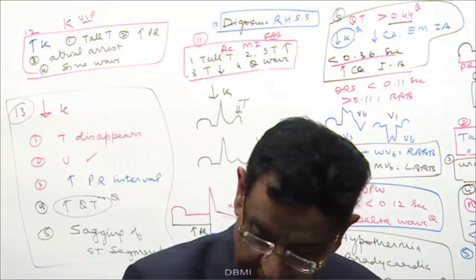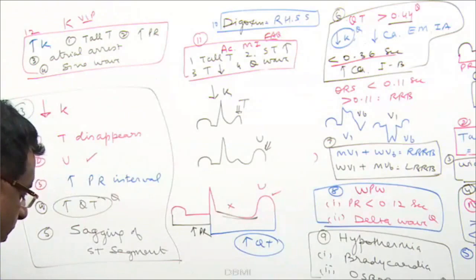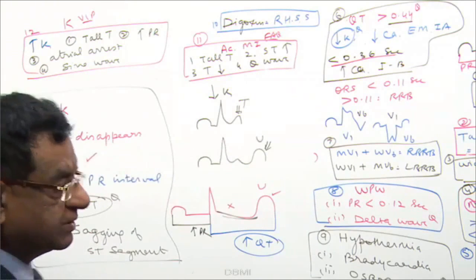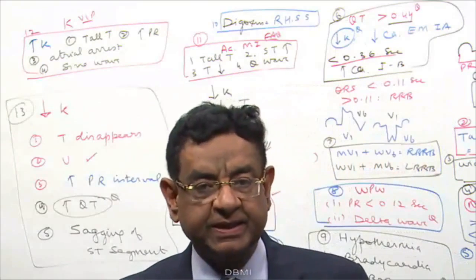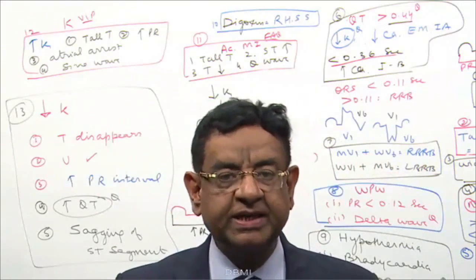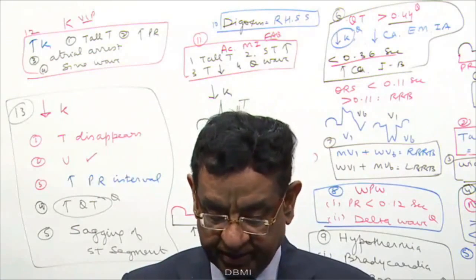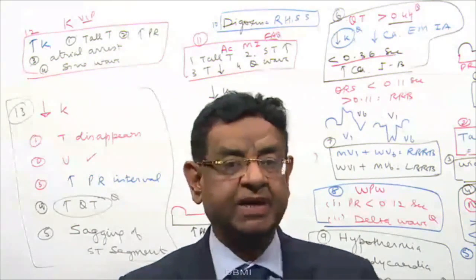So friends, all of you quickly go through these 13 boxes. Whatever questions have come on the ECG in the last 10 years of the various exams, I have covered all of them for you. Of course, arrhythmias I have not covered; we will do that some other time.